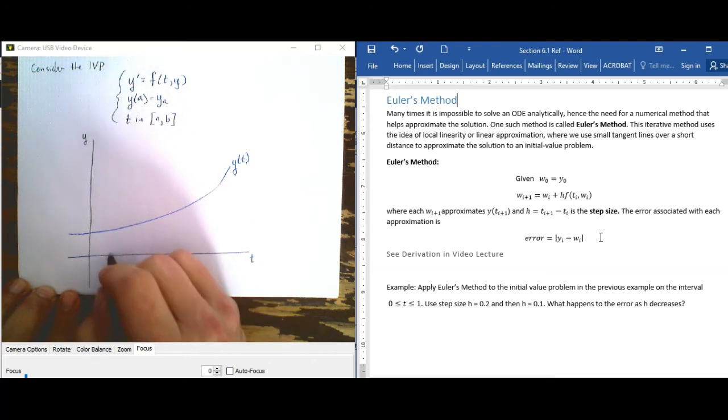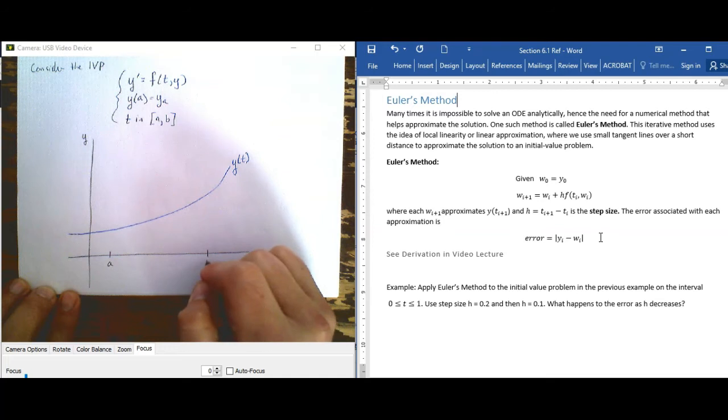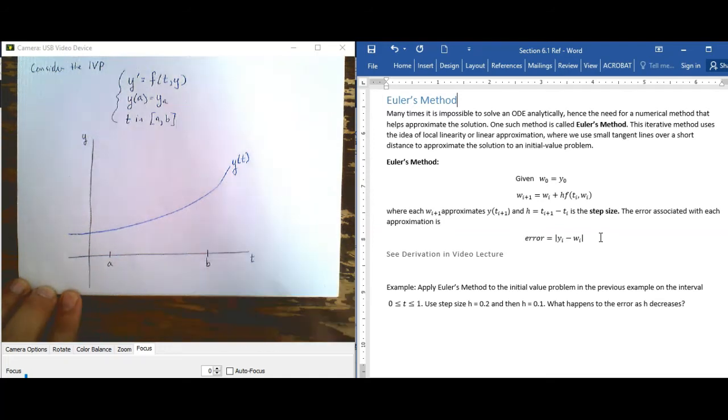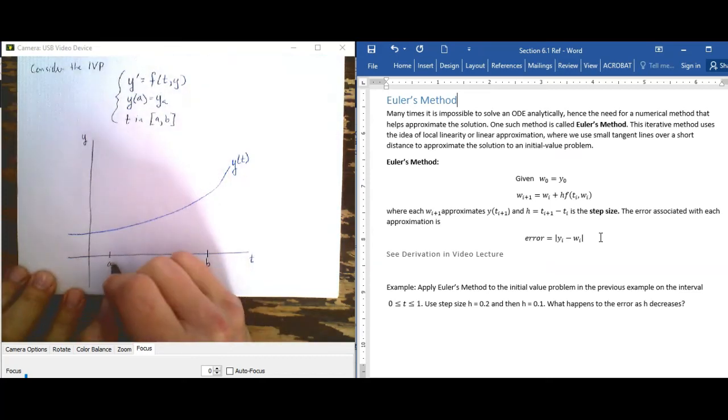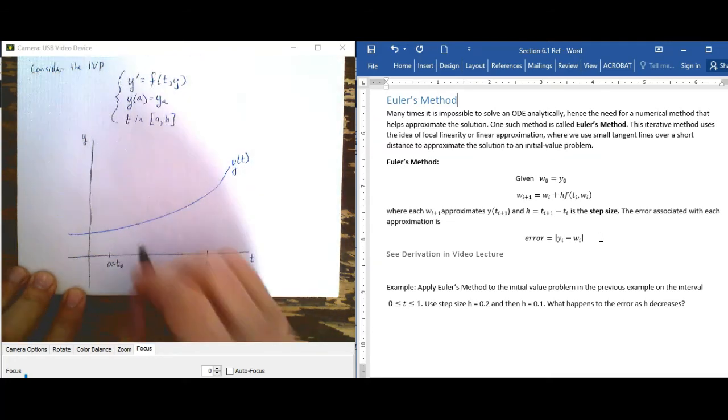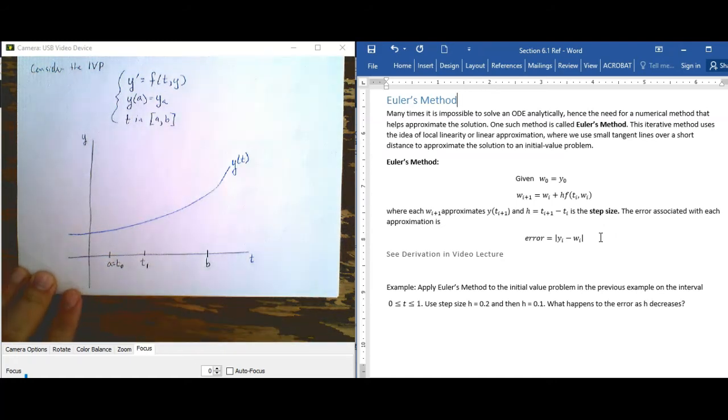And let's say here we have a, here we have b. So what Euler's method does is it uses the slope of tangent lines to the function to approximate the next solution value, right? So let's say we have t0, a is t0, and then we have this t1 here, okay?